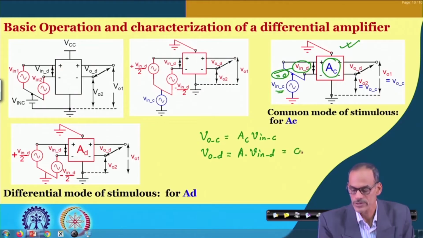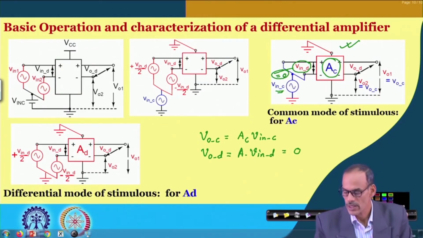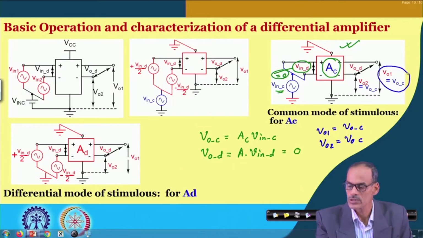So that gives us VOD equals to 0, and hence the corresponding outputs VO1 is just VOC, and VO2 is also VOC. That is why we are writing that both this output and this output are the same, because this signal is 0.